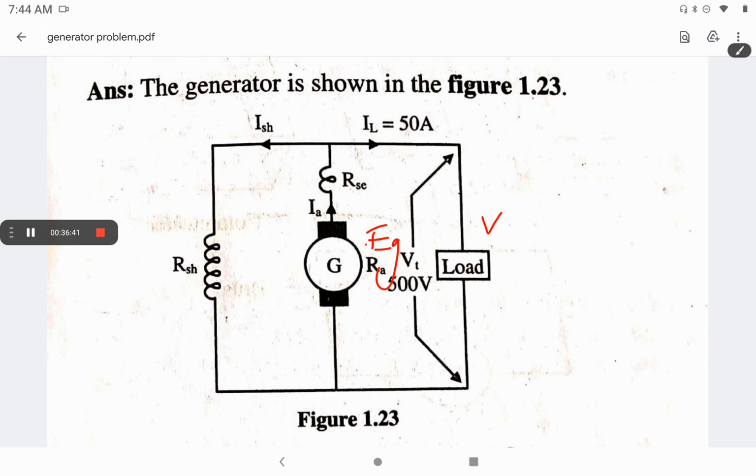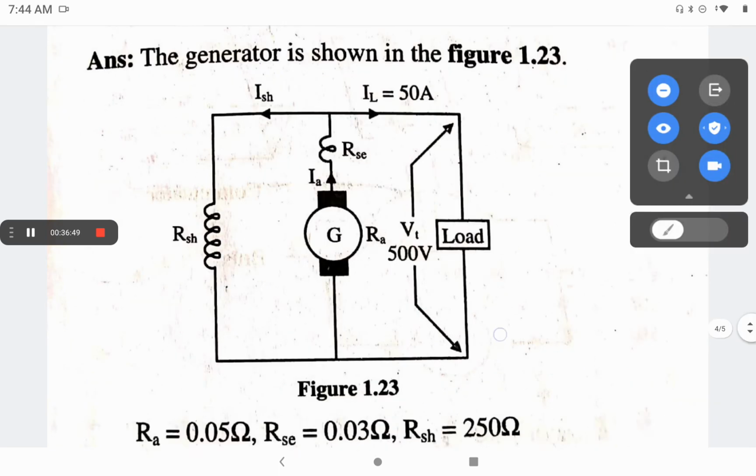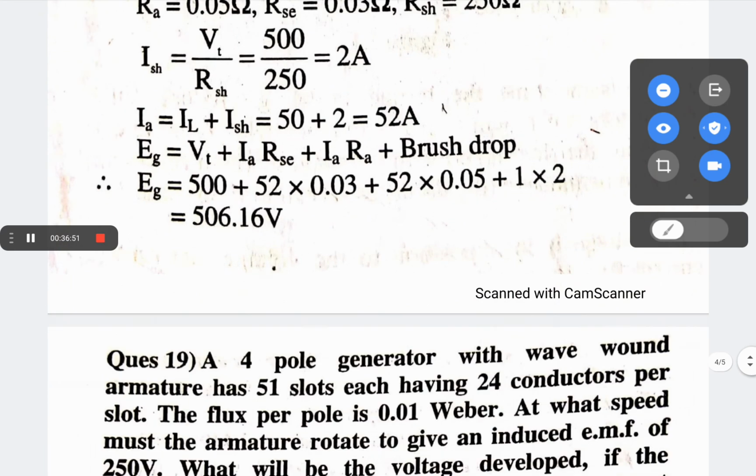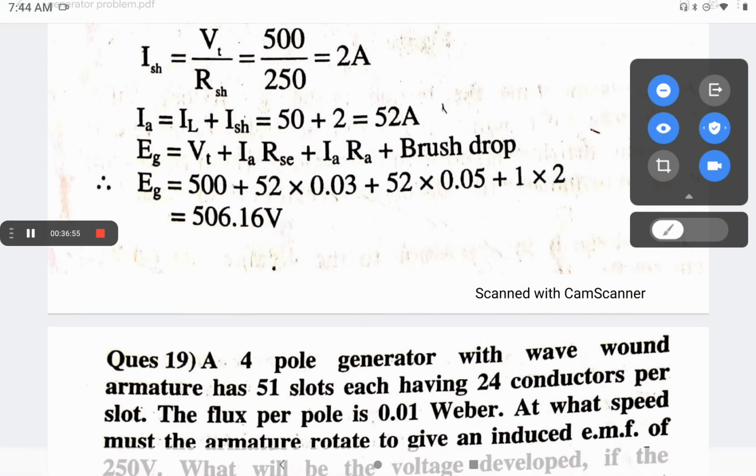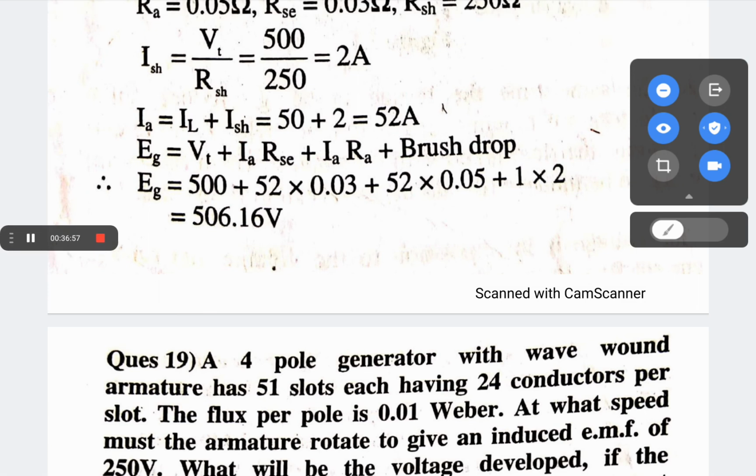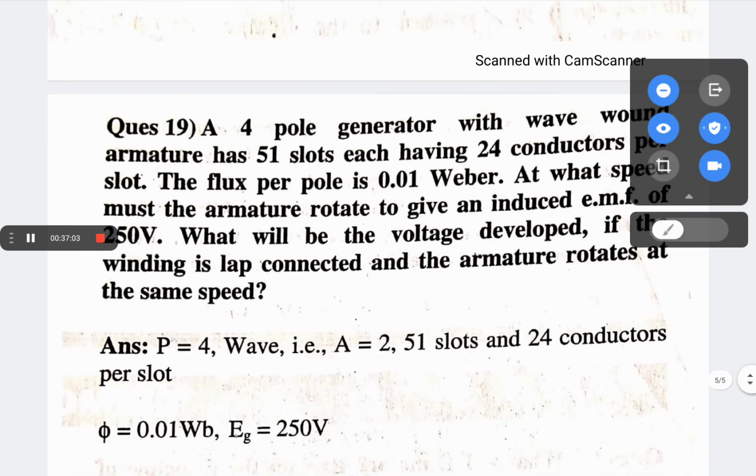V plus drop in series winding, then there will be a drop in armature itself, that is IaRa. അത് രണ്ടും അറിയണം. ഇത് രണ്ടും കണ്ടുപിടിക്കുക. Then substitute ചെയ്യാം. IaRa and also there will be given brush drop തന്നിട്ടുണ്ട്. 1 volt തന്നിട്ടുണ്ട്. പക്ഷെ 2 brushes ആണ്, 1 into 2 എന്ന് എടുക്കാം. Eg കണ്ടുപിടിക്കാം.